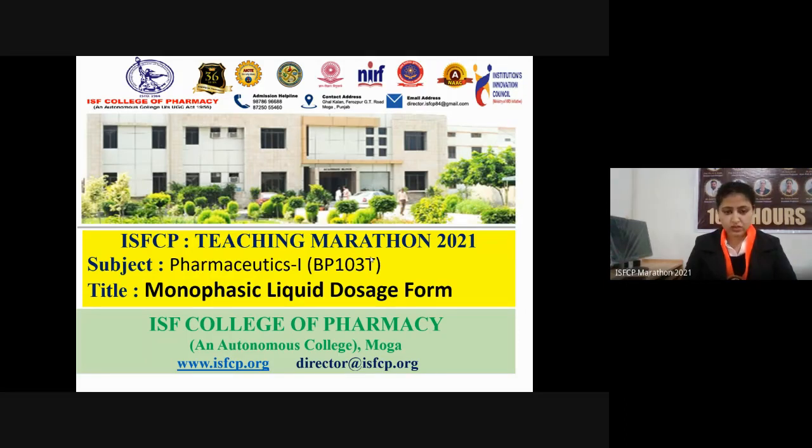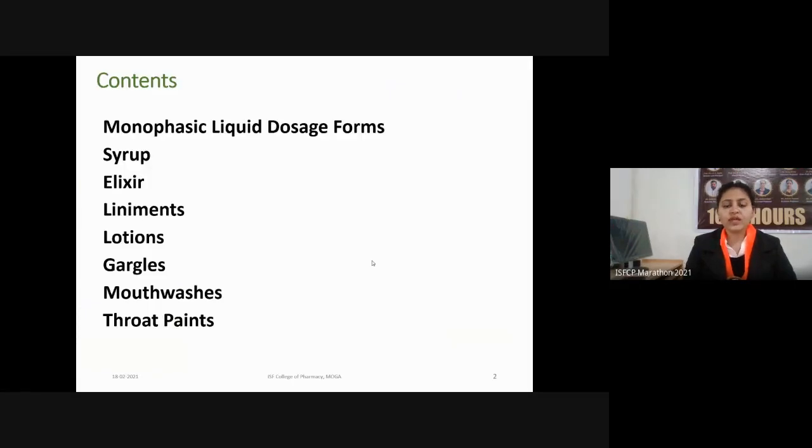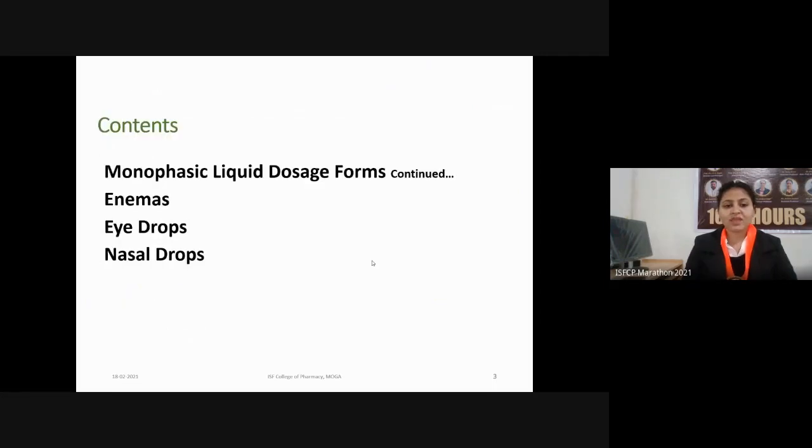So, in today's section, we are going to cover the introduction to the monophasic dosage form, and in this we are going to cover different dosage forms, that is syrups, elixirs, liniments, lotions, gargles, mouthwash, throat paints, enemas, eye drops, and nasal drops.